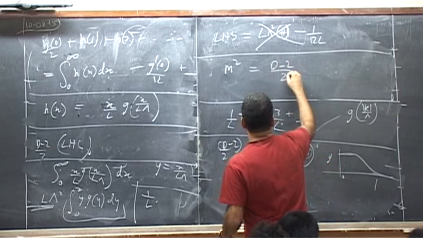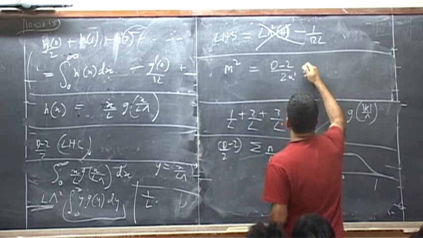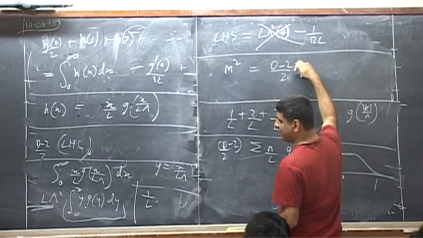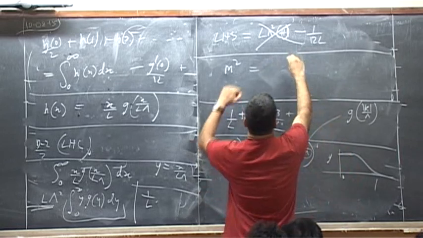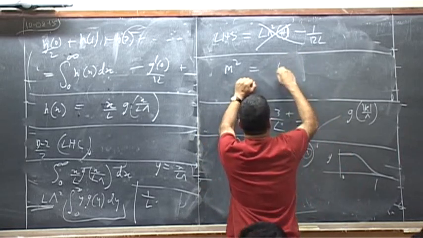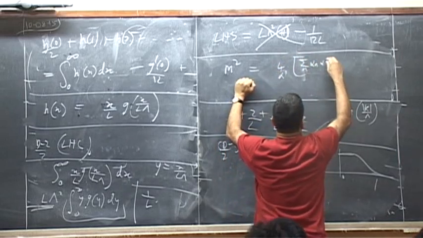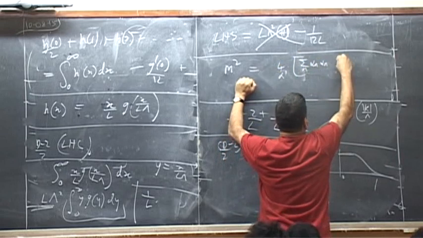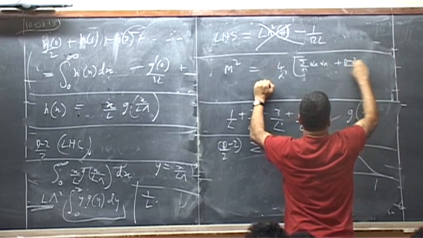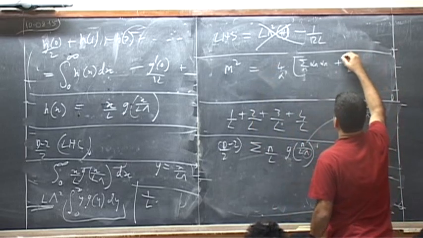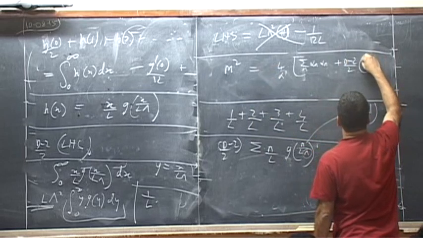Let me just do it this way. So, what do we get? We got 4 by alpha prime, and you're saying sum over n, alpha minus n, alpha n, plus D minus 2, into minus 1 by 2.